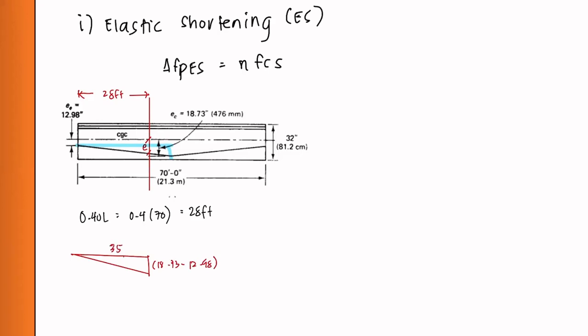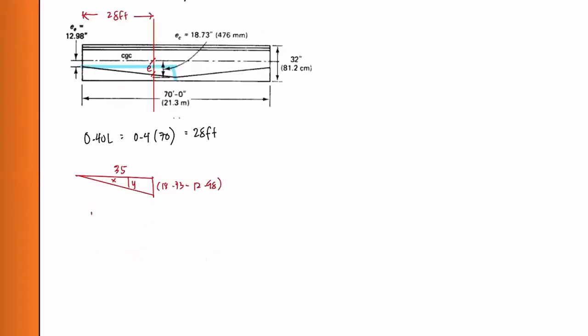So ito yung y natin, kailangan natin si y. So y over x is equals to 18.73 minus 12.98. Para makuha ko tong height na to, pinag-minus ko tong nasa gitna niya minus itong nasa tabi, para makuha tong height ng triangle dito. Over 35 yung total length natin.